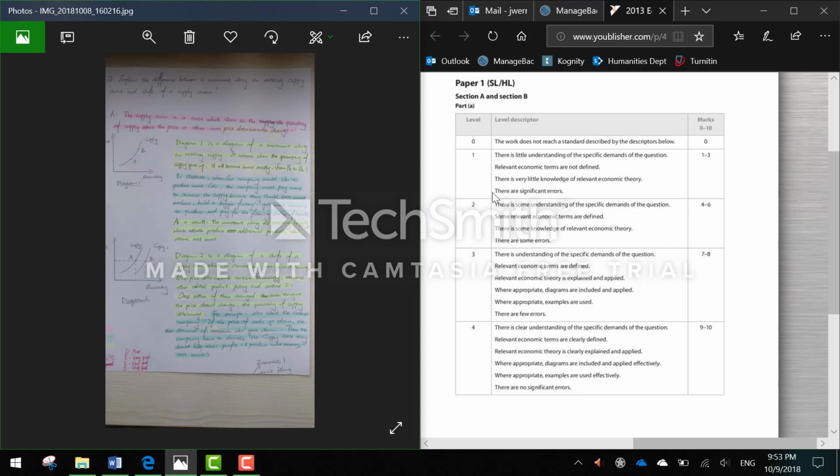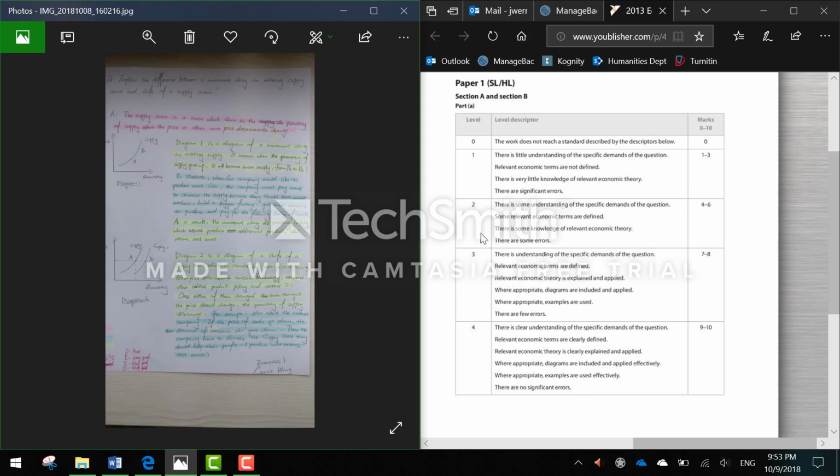Therefore, because there's an adequate diagram, however poor definitions, and some relevant economic terms defined, this student would probably receive a level 2 score. And now we just would need to decide, is it 4 points, 5 points, or 6 points? Well, what it comes down for me here is how severe are the errors, because this level includes the descriptor that says there are some errors, and I think the errors here are pretty severe and damage the student's demonstration of economic knowledge.